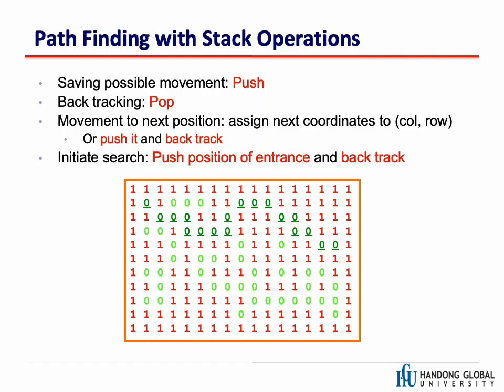Let's assume that we are here at 1,1. This is the entrance. See the left top corner, we have 0 in green, in bold font with underline. This is our first position. In this position, we have one option.